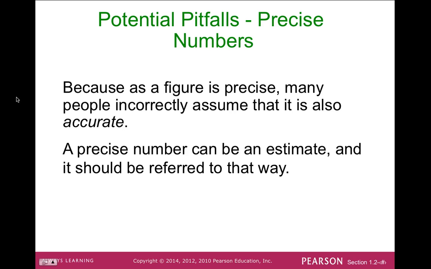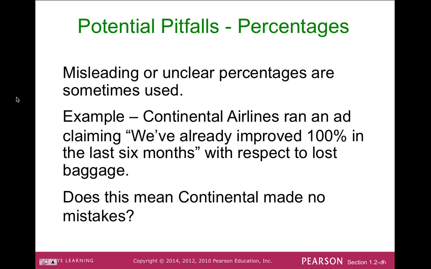So if we say 66.1578% of people, you may think that that is more reliable than 65% of people. But the reality is that precise numbers should not be the basis for how we're judging accuracy. Accuracy should be based on the study methods themselves.